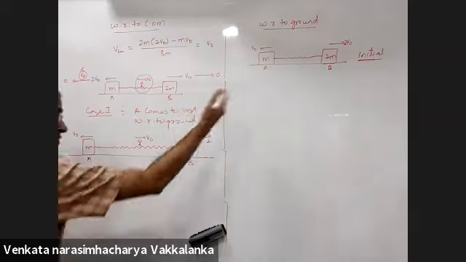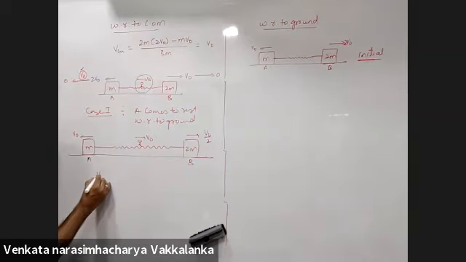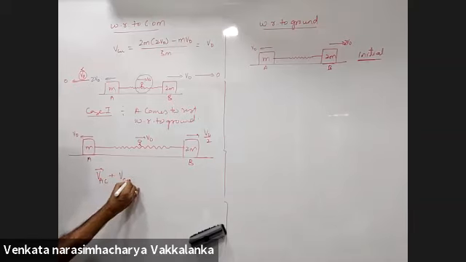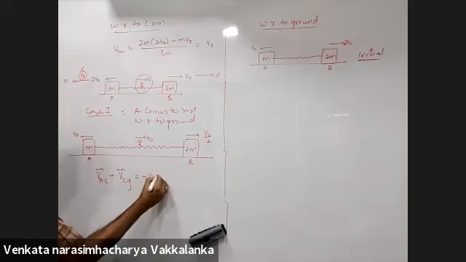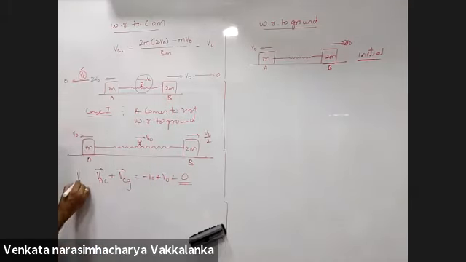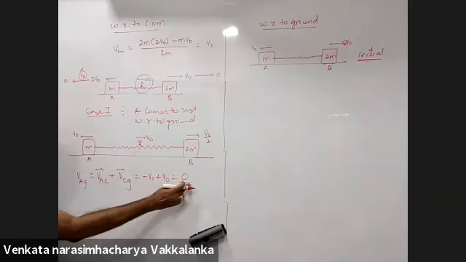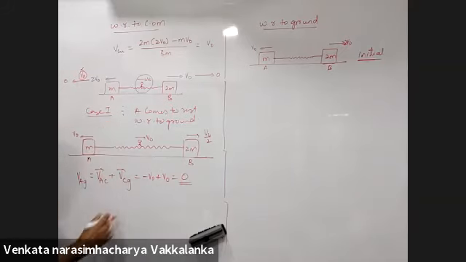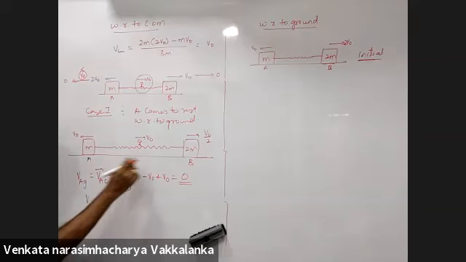So just to cross verify the velocities with respect to ground. Velocity of A with respect to center of mass plus velocity of center of mass with respect to ground: minus v0 plus v0, this becomes 0. So velocity of A with respect to ground will be 0. That's my case 1. At that instant, what will be the velocity of B with respect to ground?